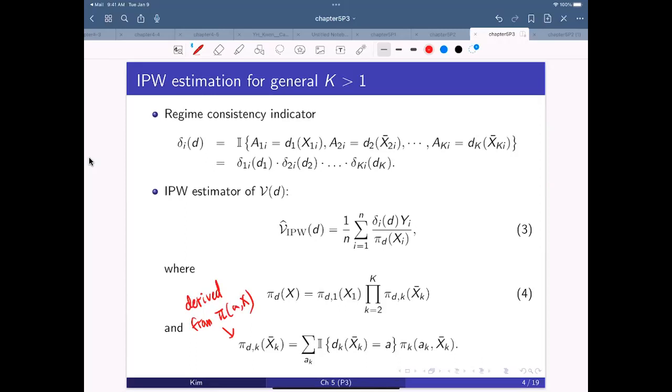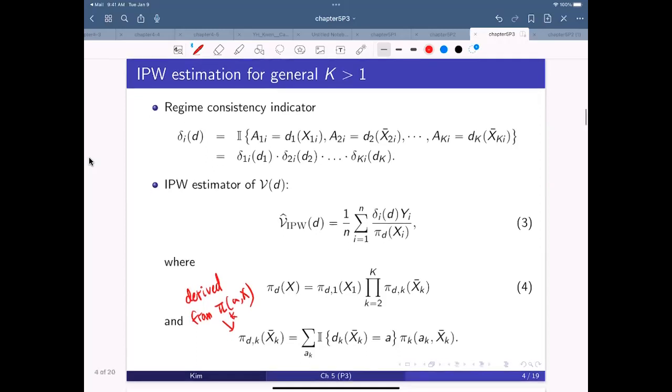That's for a single stage, but for k stages, all you have to do is look at what kind of option it takes and use it. So that is basically the idea.